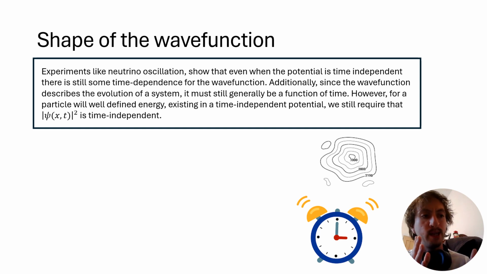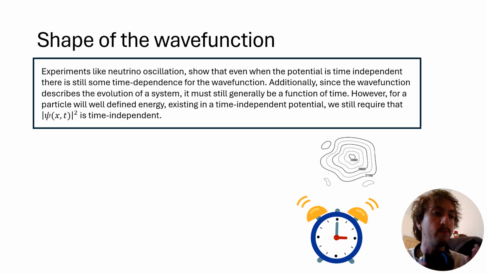But if the particle has uncertainty in momentum, that will affect the shape of the wave function in momentum space, because the uncertainty in momentum is described by the shape of the wave function in momentum space.